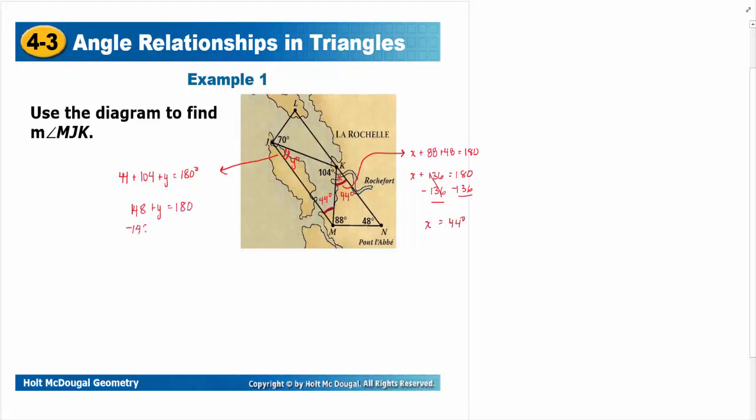And subtract 148 from both sides. So that's 58, 68, 78, so that's 32 degrees. And that's me using the triangle angle sum theorem to solve the problem. Again, Y was representing the measure of angle MJK. Go ahead and put that in there. I just called it Y to set up the equation.